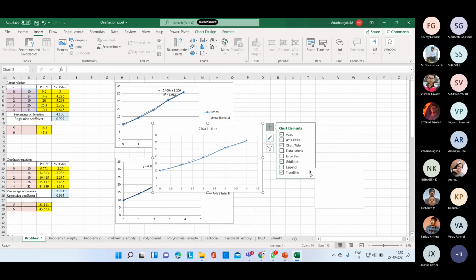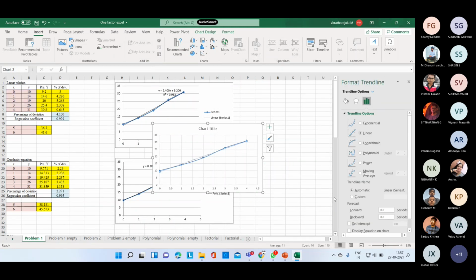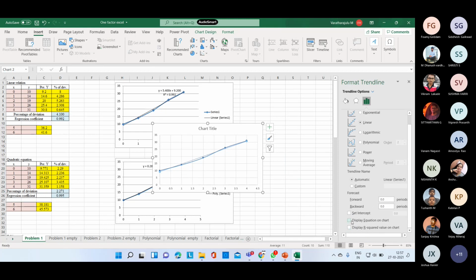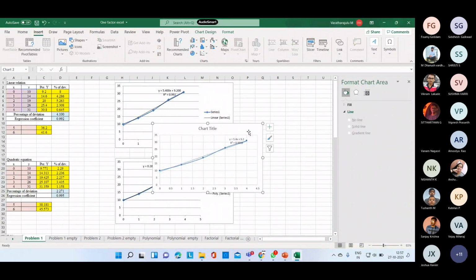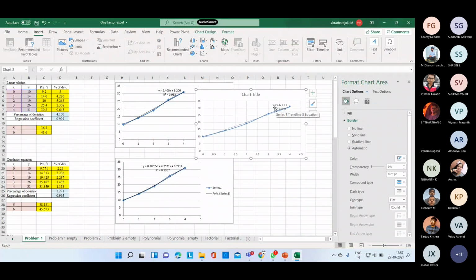Trend line, go to linear trend line, more options, and in that display equation on chart, display R square value on chart. See, this is the mathematical model, y = 5.4x + 9.2, and the reliability value is given.